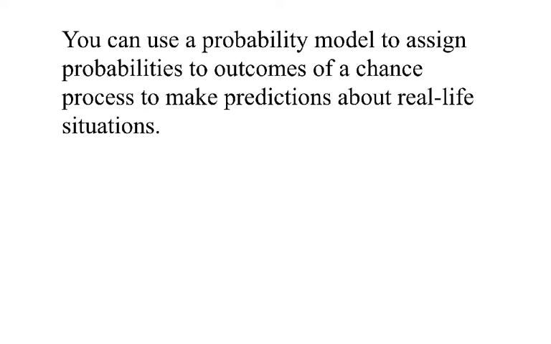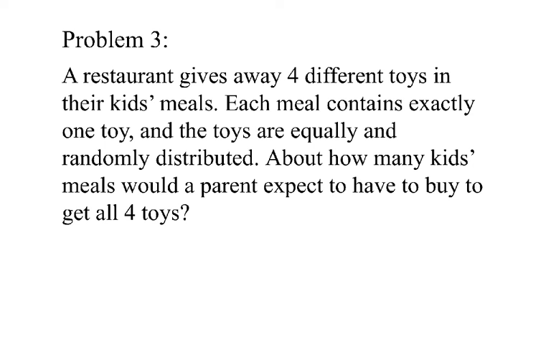So we can also use probability models to assign probabilities to the outcome of chance processes to make decisions about real life. So problem 3, a restaurant gives away 4 different toys in their kids' meal. Each meal contains exactly 1 toy, and the toys are equally and randomly distributed.